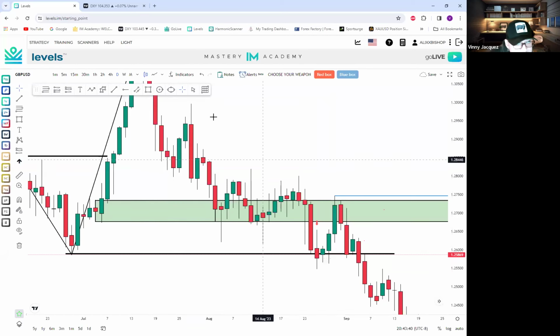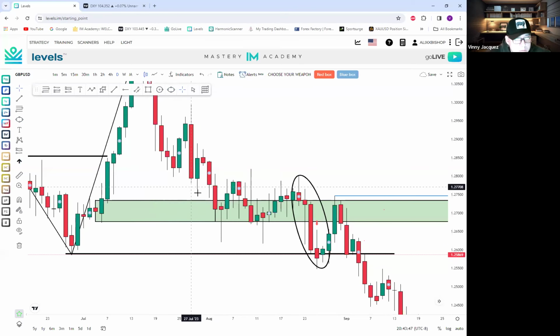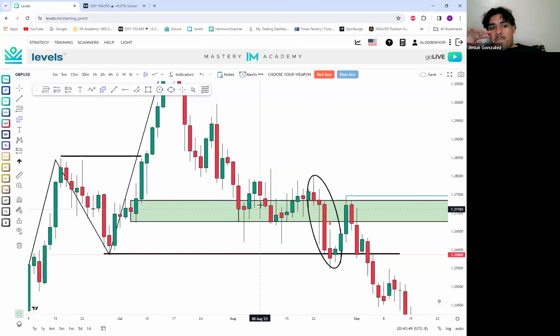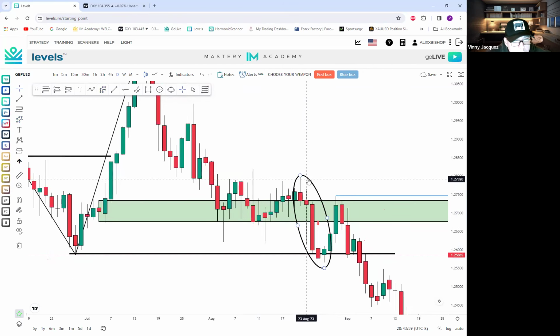Is this a breakout rally right here? Yes. This consolidation, back and forth, support, resistance, out of nowhere gave us a nice breakout rally to the downside.